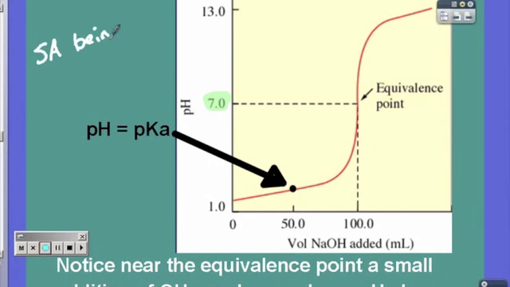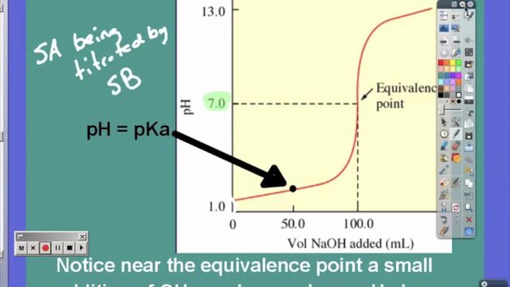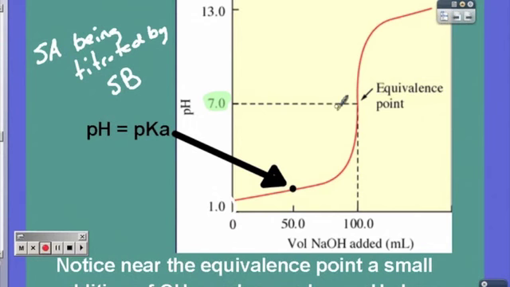Also, our equivalence point is 7, which is characteristic of strong acid. We're ending at 13, which means strong base. And you're always going to titrate it with something strong. So make sure you recognize equivalence of strong and strong's always 7.